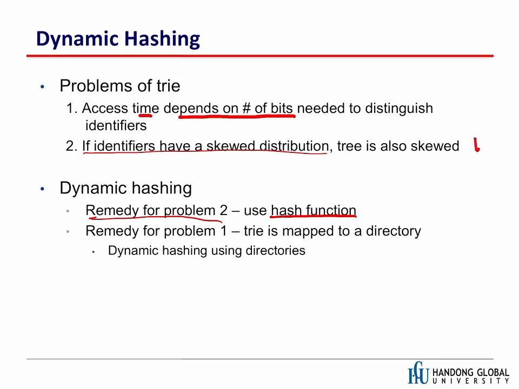Then we can solve this problem. Good. So identifiers should be redistributed evenly based on the hash function. But what about the first one, access time? To handle this problem, we can use a directory. We'll talk about directory-based hash functions from the next slide.